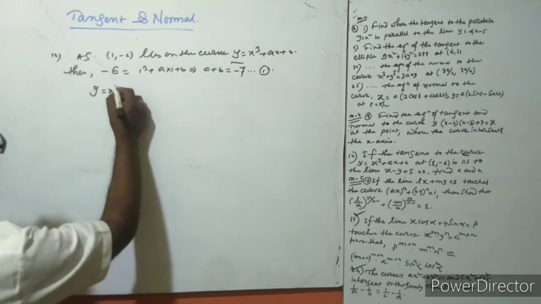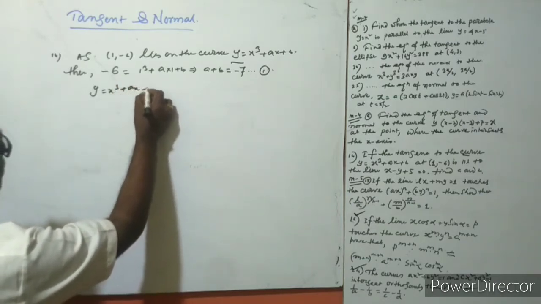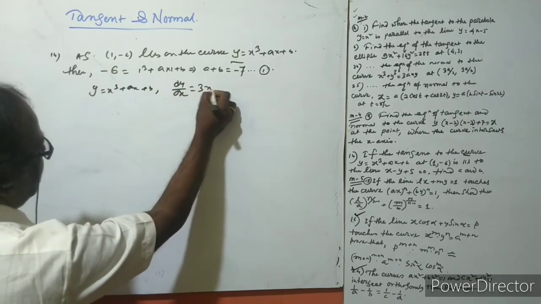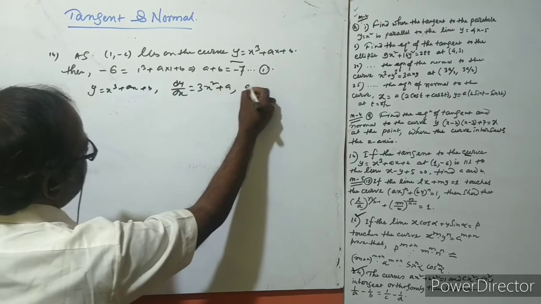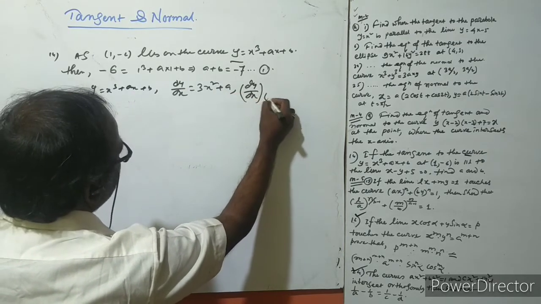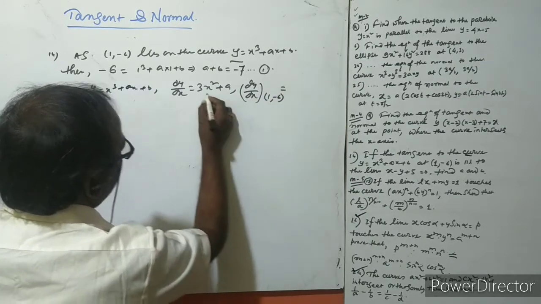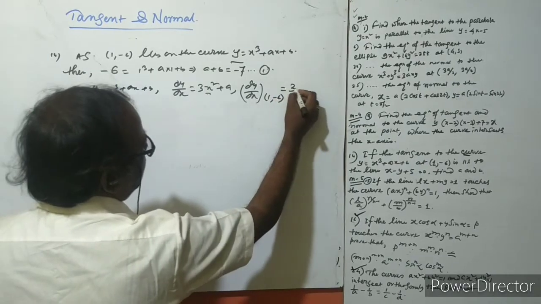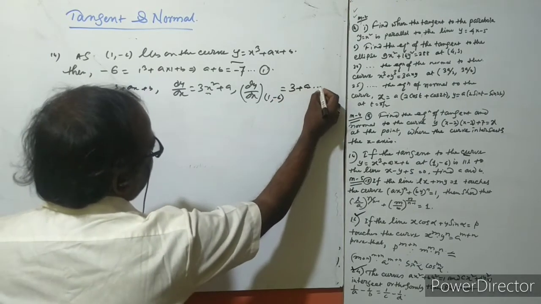So see here, y equals x cube plus a x plus b, then differentiate, we get dy by dx, at the point 1 comma minus 6. If we put 1 in place of x, we get this, and this is equation 2.